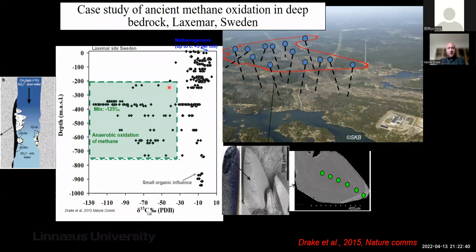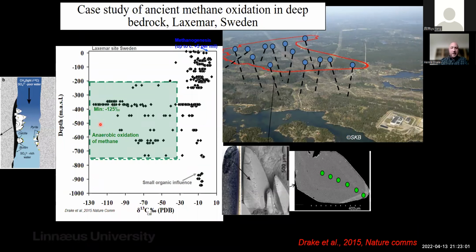And what we then found was these extremely depleted delta carbon-13 values down to minus 125, which to my knowledge still is the lightest or lowest value ever recorded in calcium carbonate on Earth or on any planet, actually.